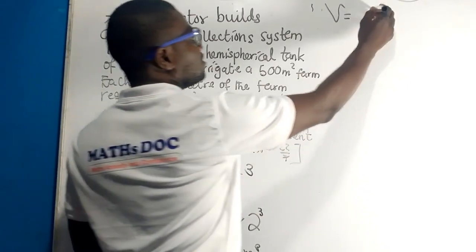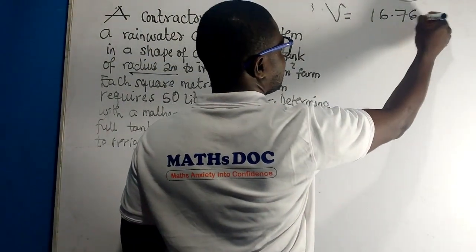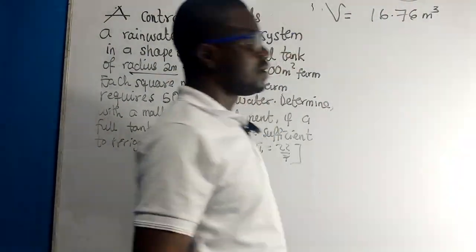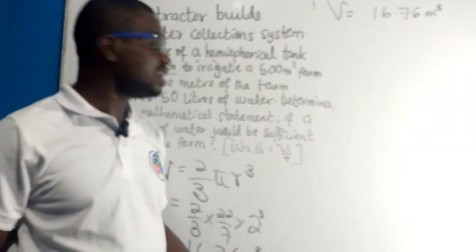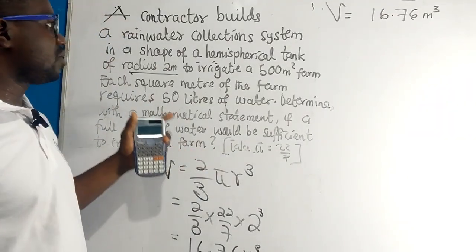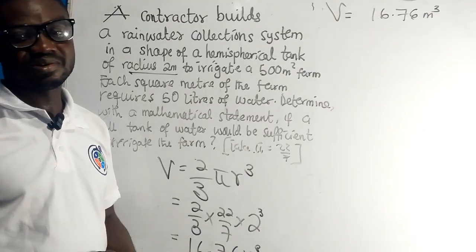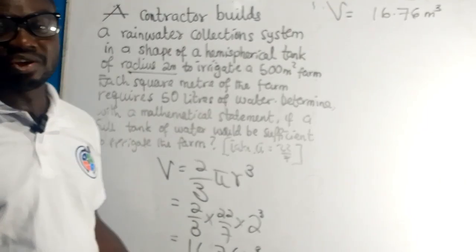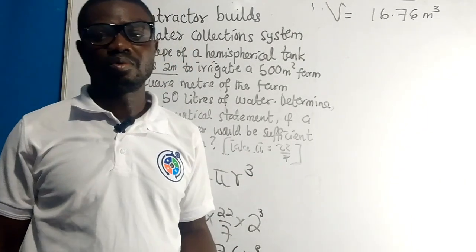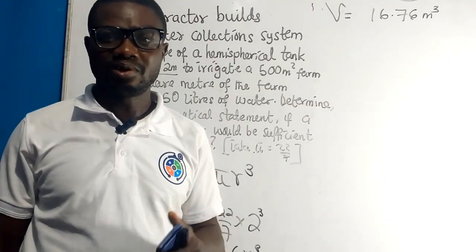So we have 16.76 meter cube. But we have to know that in this question, the quantity of water is being calculated in liters. So we have to change the meter cube to liters.